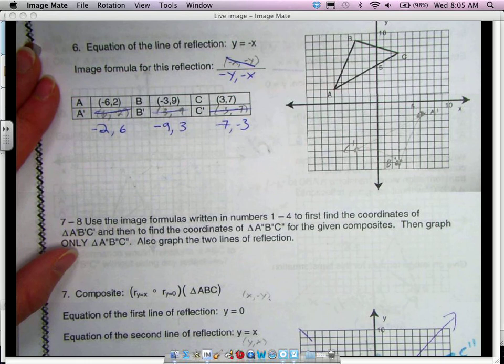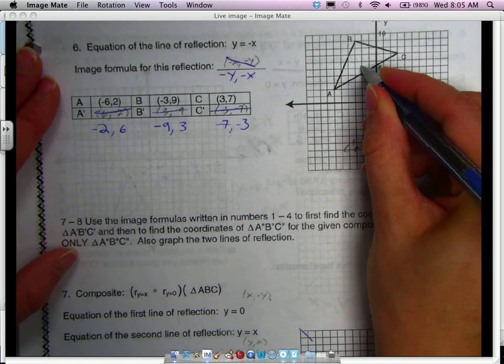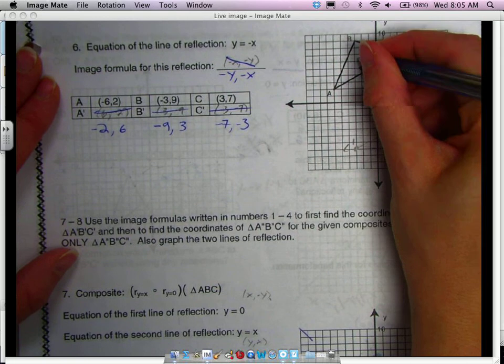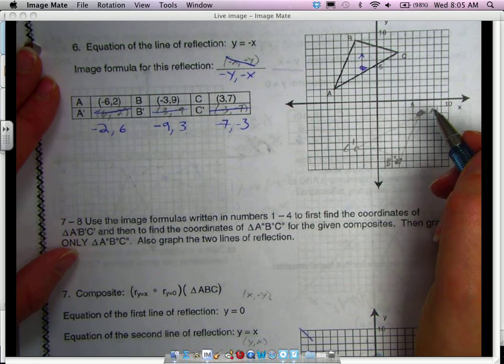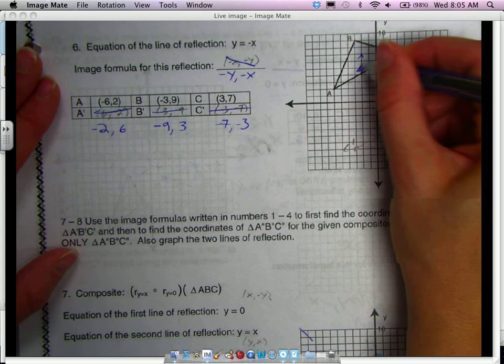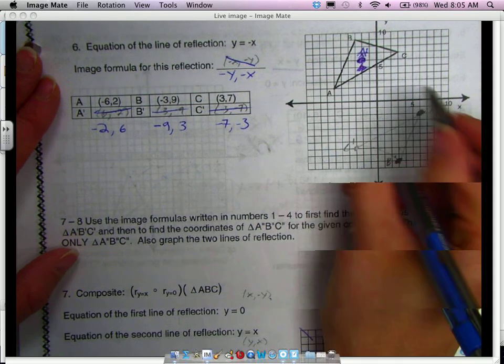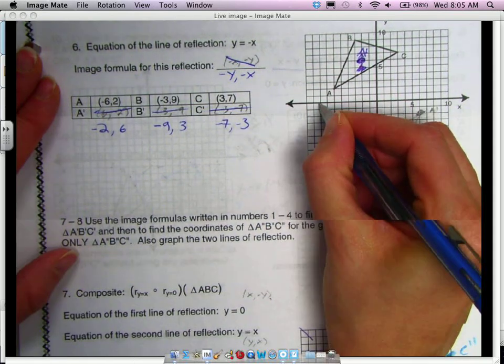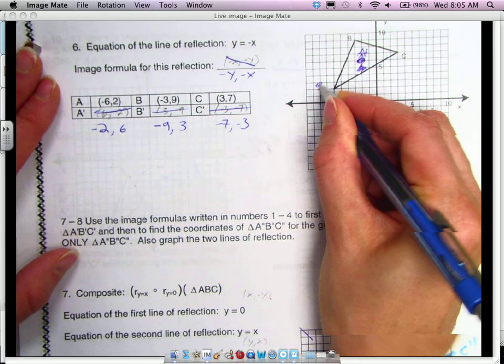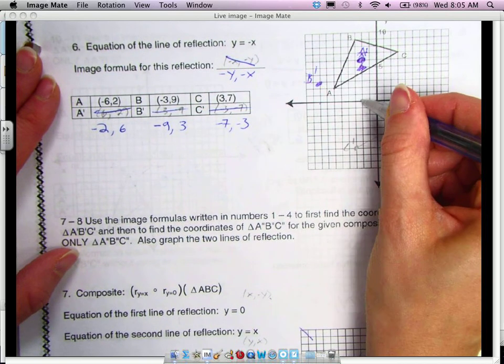We go -2, up 6. That's my new A. Wait, 1, 2, 3. Oh, I did go up 5. 6. That's my new A. -9, up 1, 2, 3. That's my new B. And C is -7. 1, 2, 3, 4, 5, 6, 7.